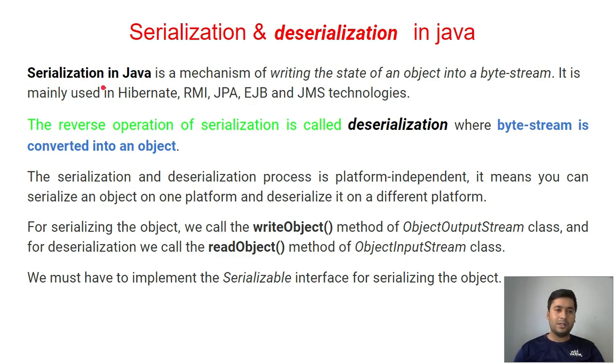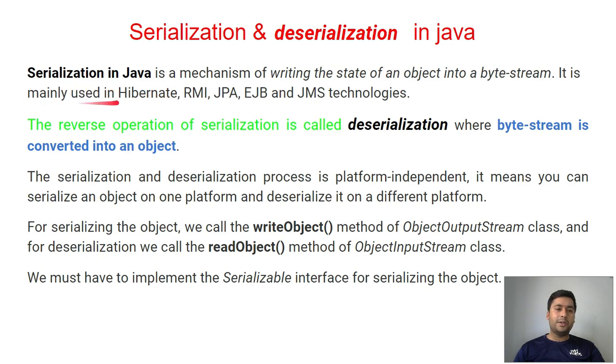If I talk about serialization in Java, it's a mechanism of writing the state of an object. For example, we have a Java object and we have to convert that object into a byte stream. That means we convert from one format to the byte stream format, and that is called serialization.